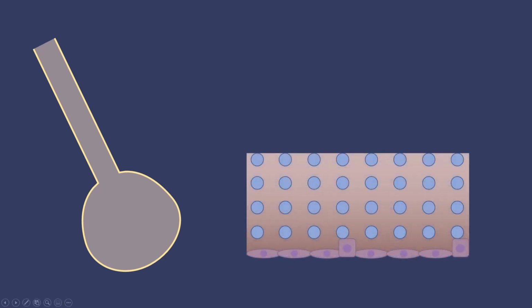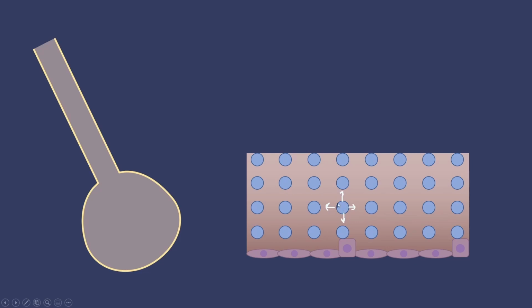So here let's enlarge this part. Here I have enlarged a single alveolus, and this is the wall of the alveolus, and here there are water molecules. If you look carefully, the water molecules in the deeper layers are being attracted from all sides, from up, down, and from the sides.